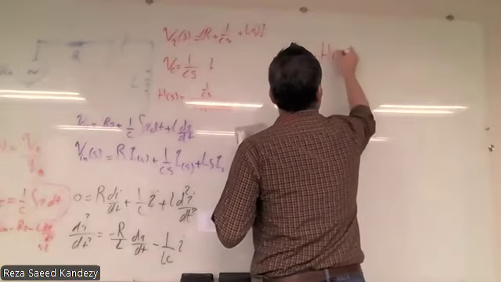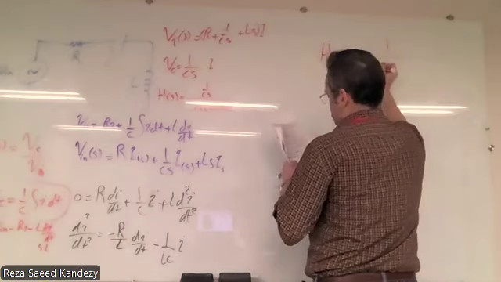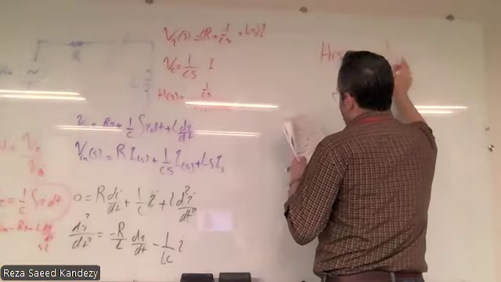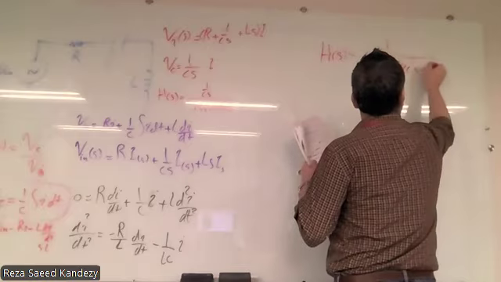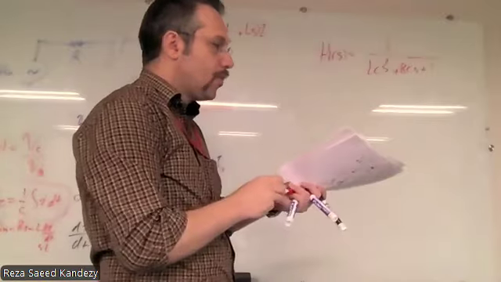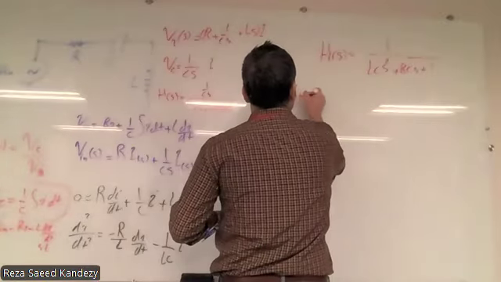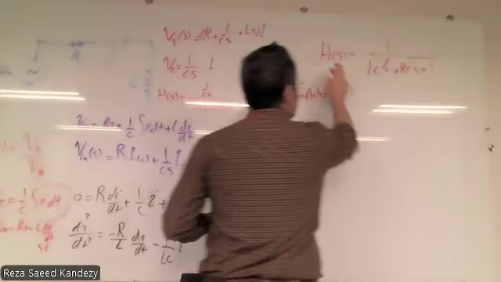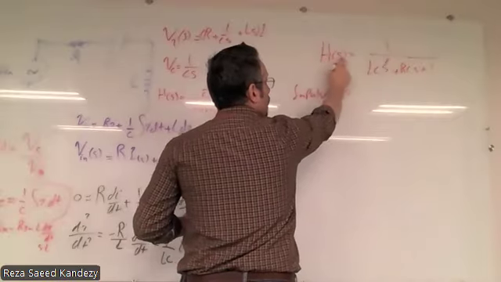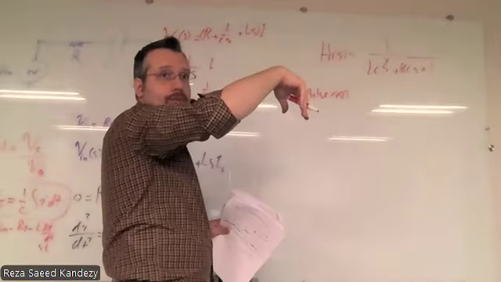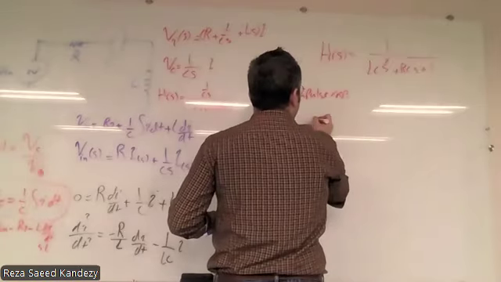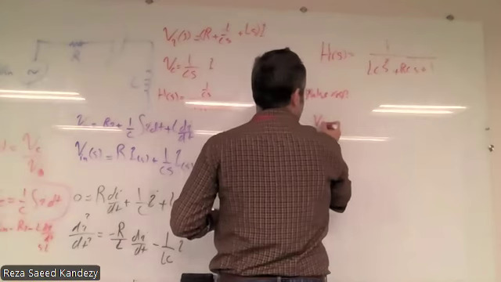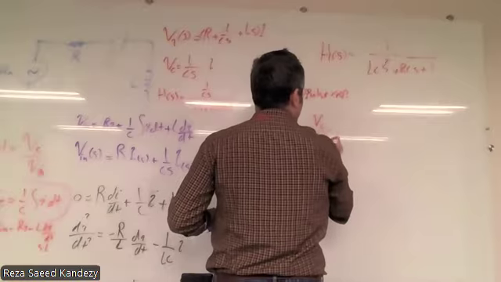Our H of S that we found is 1 over LC s squared plus RCs plus 1. And we wanted to find the impulse response. This H of S is output versus input. So let's say our output was VC over our input.